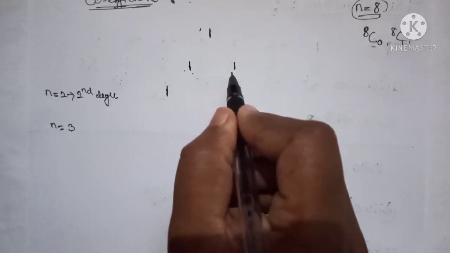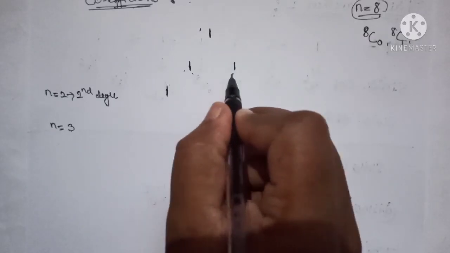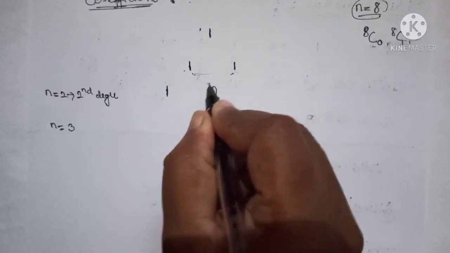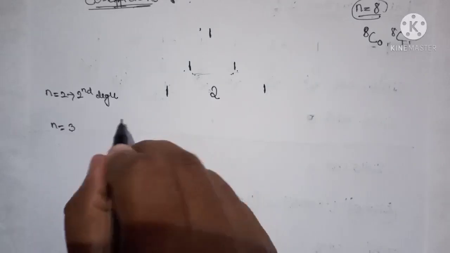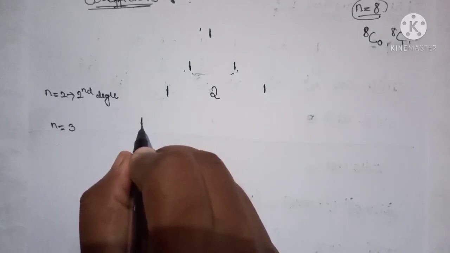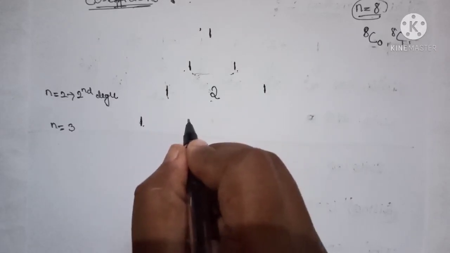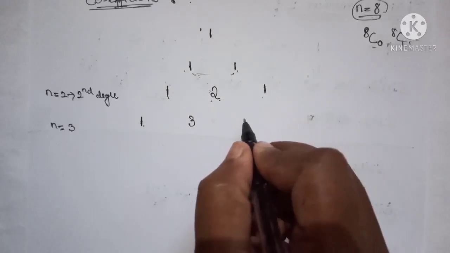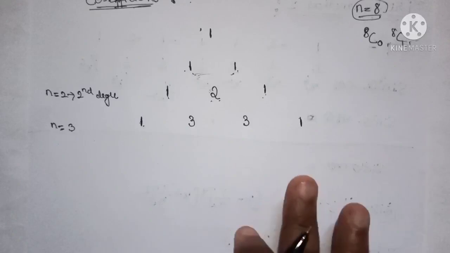Now add 1 plus 1 and keep that sum in between these two numbers, that is 2. Next again keep 1 as it is. Next for the third degree, we again write 1 as it is. Now 1 plus 2 is equal to 3, we write in between these two numbers. Next 2 plus 1 is equal to 3, then 1 as it is.